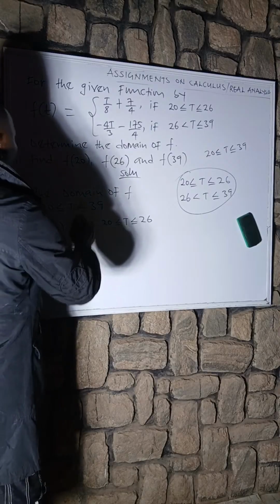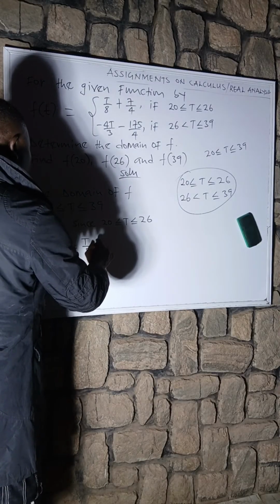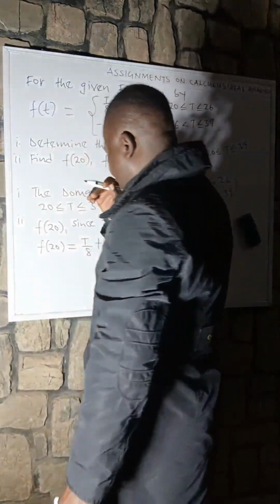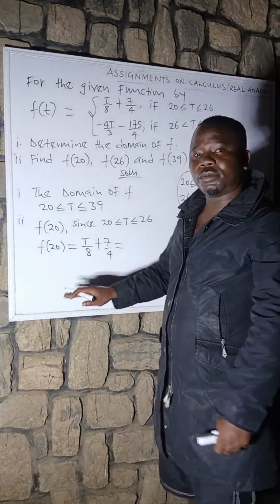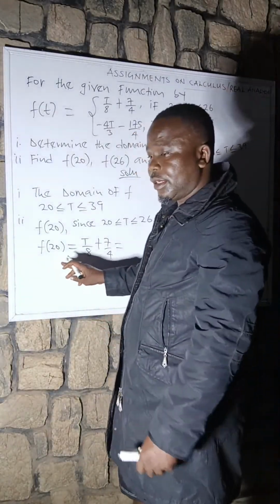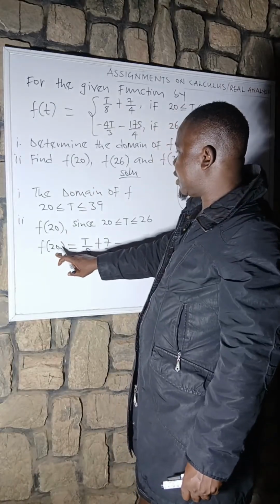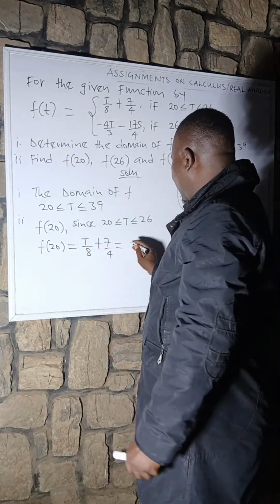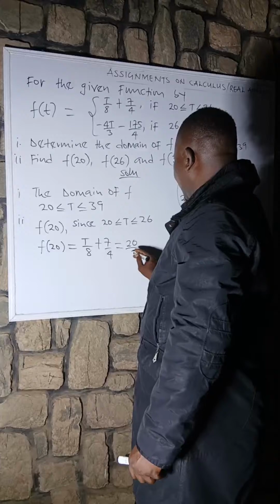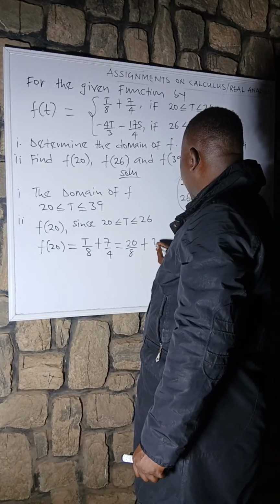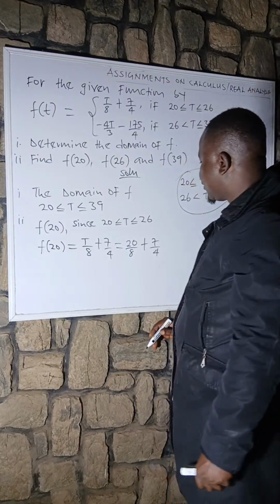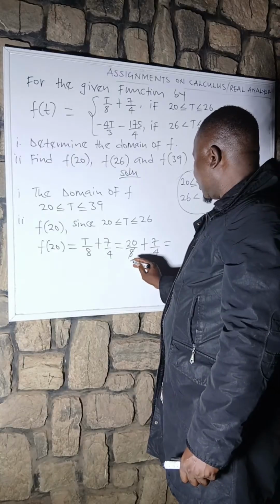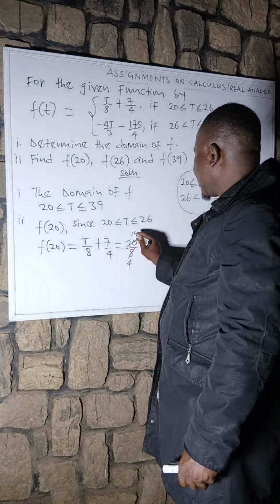f of 20 is equal to t all over 8 plus 7 all over 4. Which is equal to, what are we going to do here is f of 20. It means anywhere you see t, you write 20. So here will be 20 all over 8 plus 7 all over 4. Then this is equal to, 2 to 8, 4, 2 to this 10.